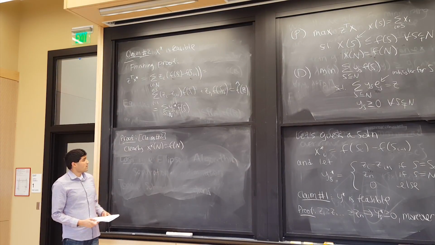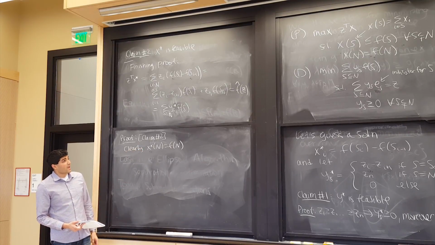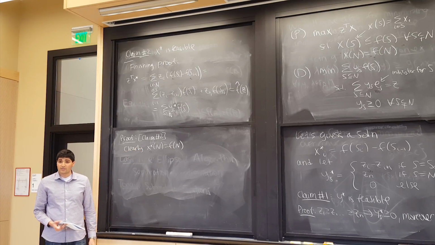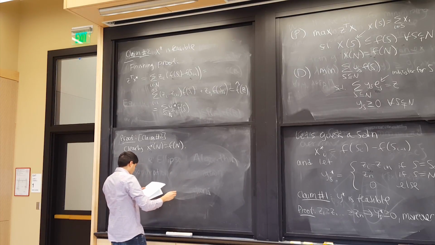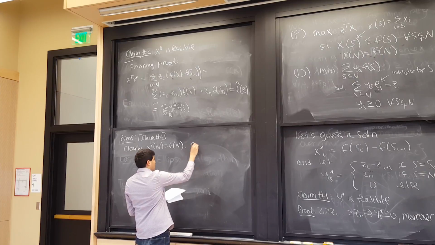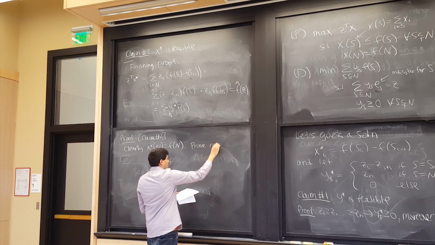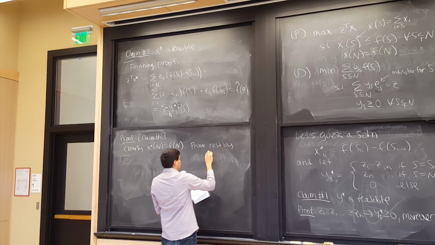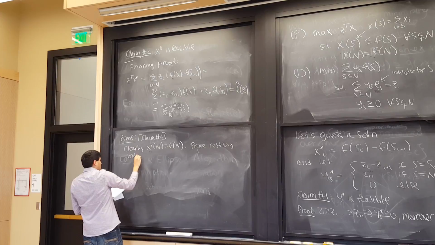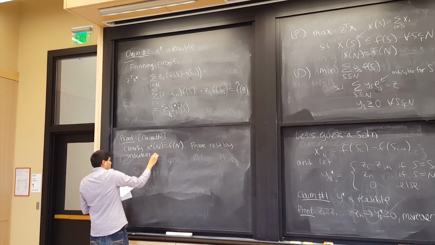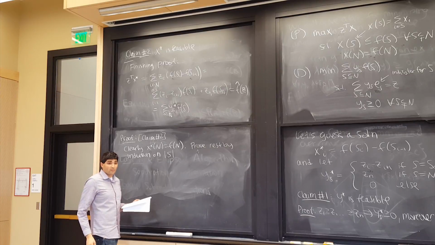The more interesting part is actually showing that the inequalities hold for every set S, that X of S is at most f of S. We're going to prove the rest by induction on the size of whatever set S that we care about.